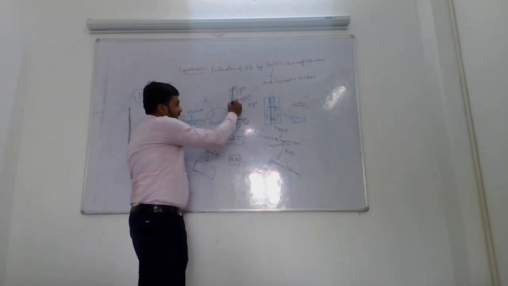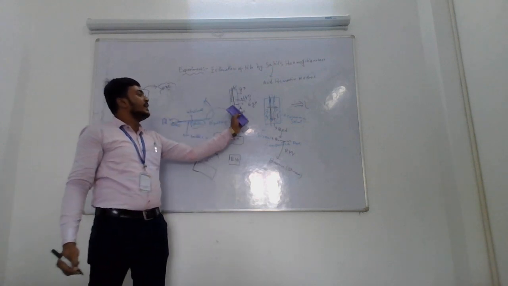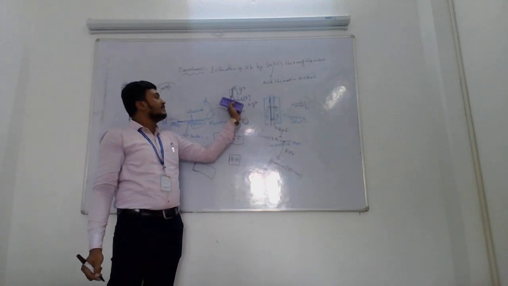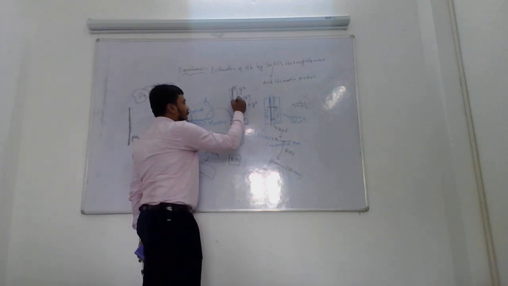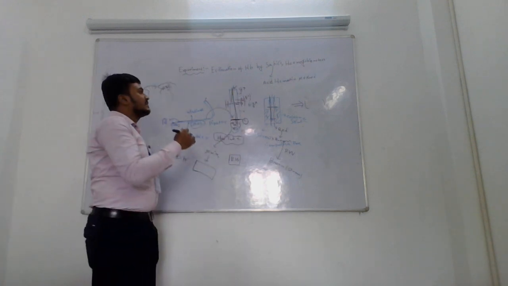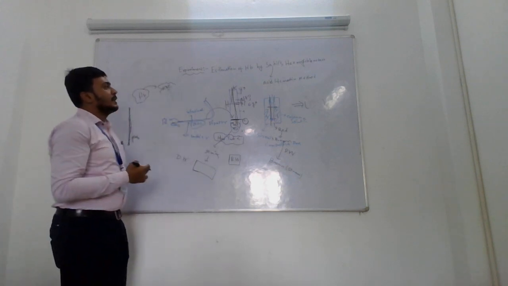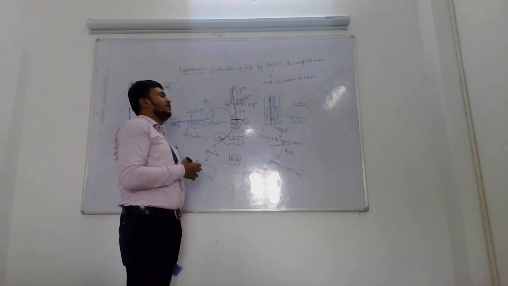If the color fades, that means the previous reading was correct. If the color does not fade, I have to add more water to equalize these three colors. So this is the basic principle of how we perform Sahli's hemoglobinometer experiment.